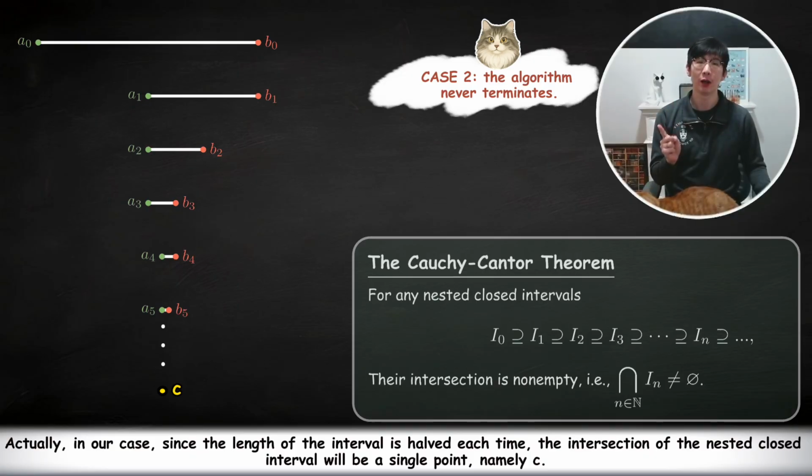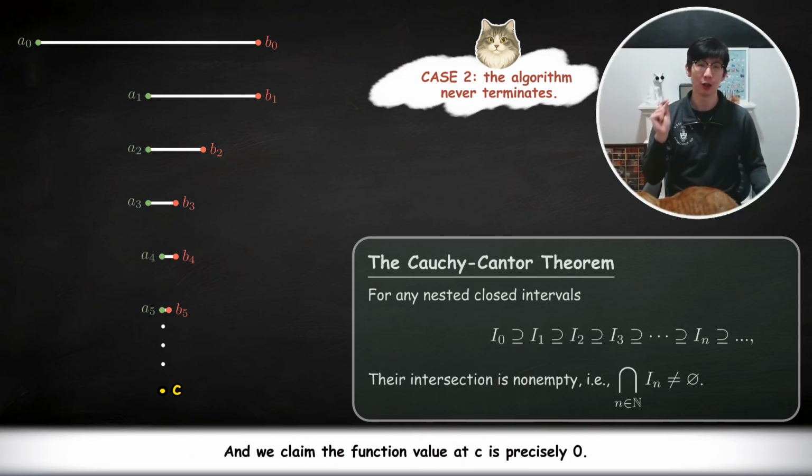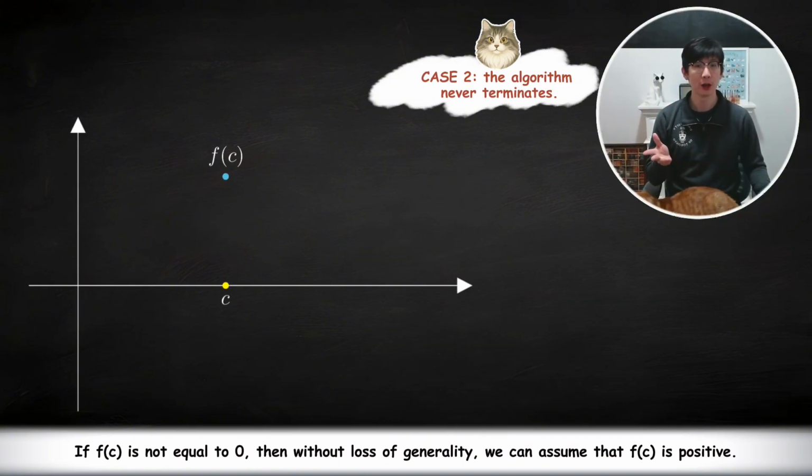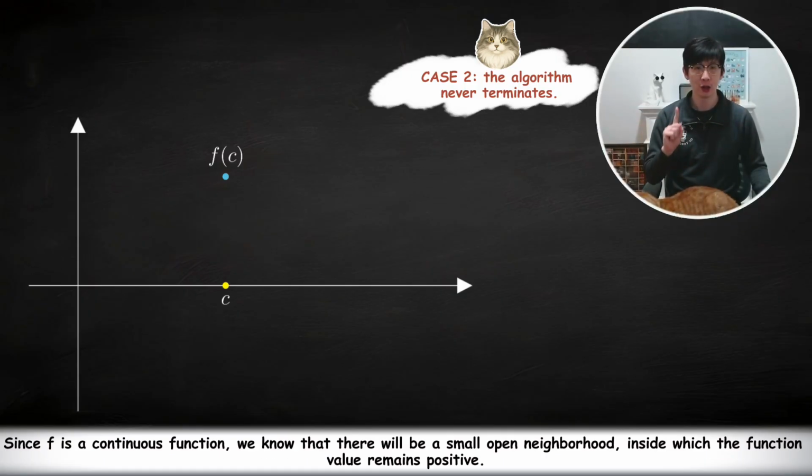And we claim the function value at c is precisely 0. We can prove this by contradiction. If f(c) is not equal to 0, then without loss of generality, we can assume that f(c) is positive. Since f is a continuous function, we know that there will be a small open neighborhood inside which the function value remains positive.